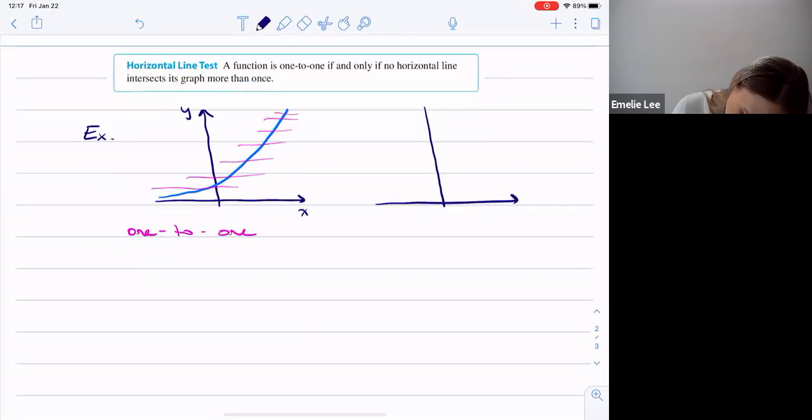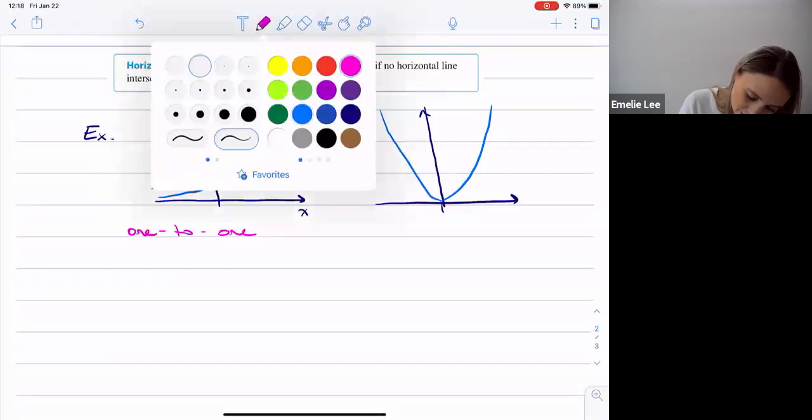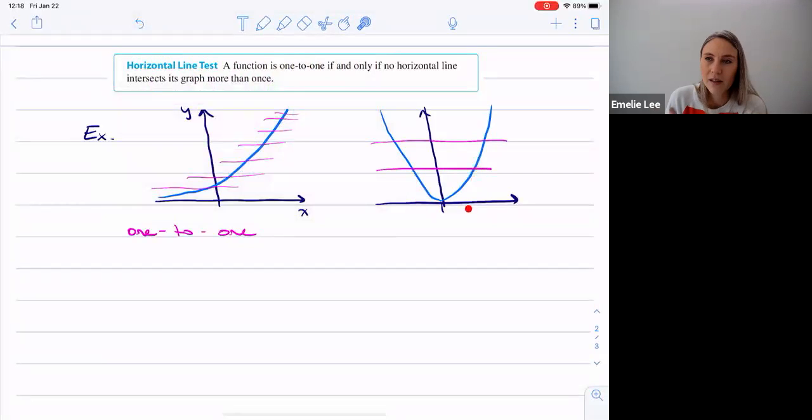Versus if you have our common parabola, maybe something like that. Well, not a very beautiful parabola, but that's okay. It doesn't actually matter which point, there are two values of x that give the same output, whereas 1 to 1 by definition says that each unique input of x, in this case, let's think about -2 and +2 squared, they both give you 4, and so you're not getting a unique output.